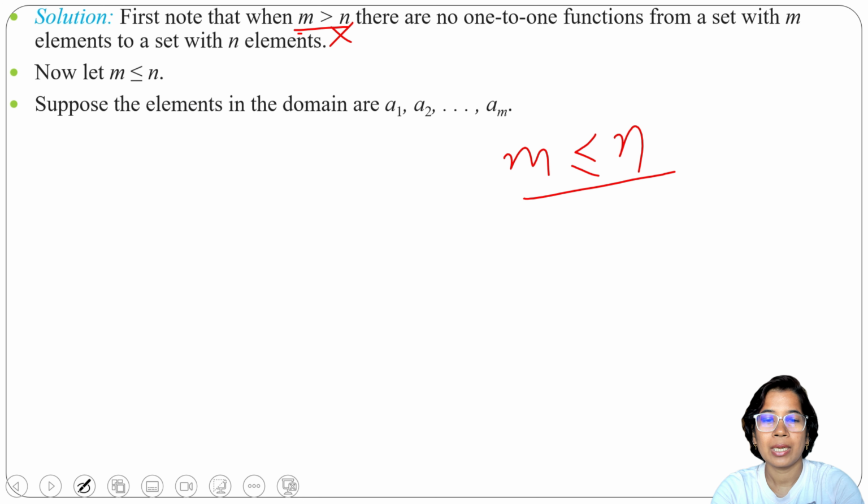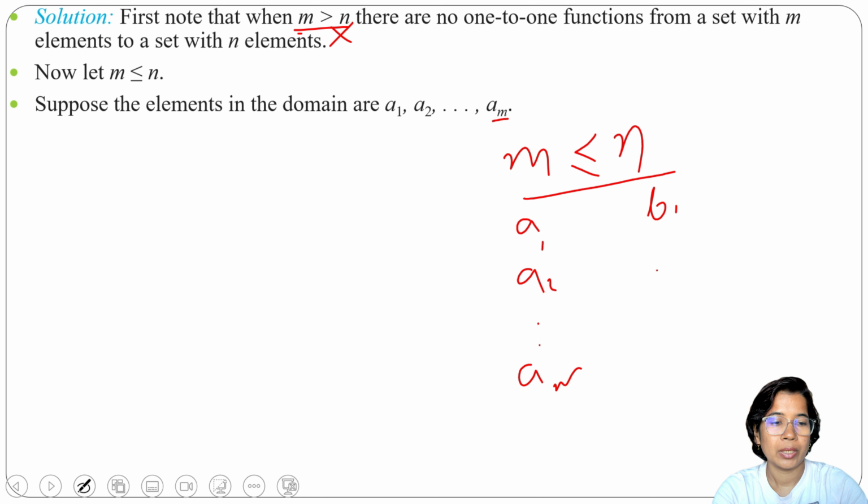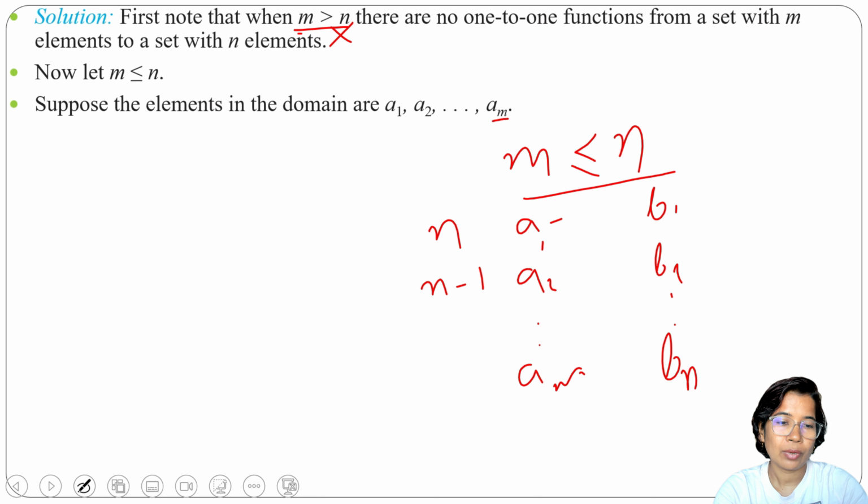Suppose we have a domain a1, a2 till am, and the codomain b1, b2 till bn. Now for a1 there are n possibilities. For a2 there are n minus 1 choices. For a one-to-one function, two elements cannot map to a single element, so the element that a1 maps to, a2 cannot map to. Next, for am, n minus m plus 1.